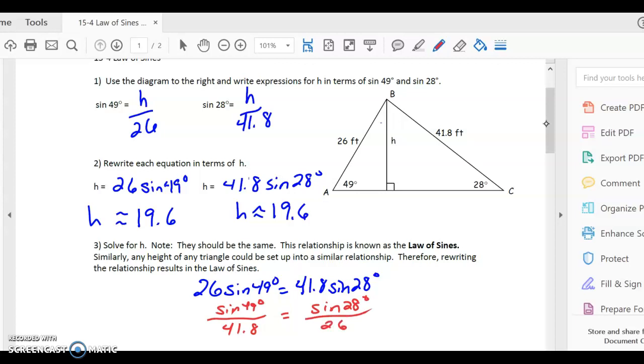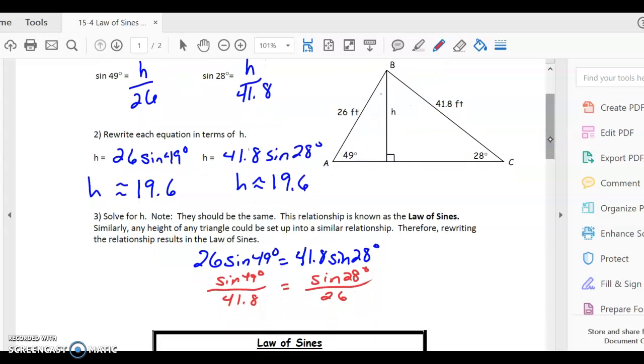Now what you'll notice there, when you look at that relationship, if you look at the big triangle above, triangle ABC, the sine of 49 is in relationship to 41.8, which happens to be the side length opposite 49 degrees. Similarly, the sine of 28, if we look at the 28 degree angle C, 26 is the side length opposite it.